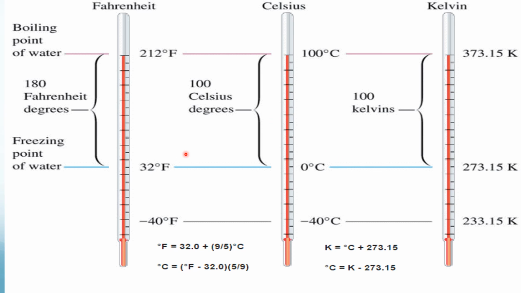From here, absolute zero temperature is minus 273.15 degrees Celsius, or 0 degrees Kelvin. And for the difference between the Fahrenheit and Celsius scales, each degree Celsius is equal to 1.8 degrees Fahrenheit. We have to increase or decrease accordingly. So these are the three scales we usually use in meteorology.